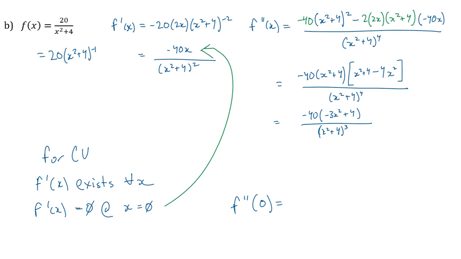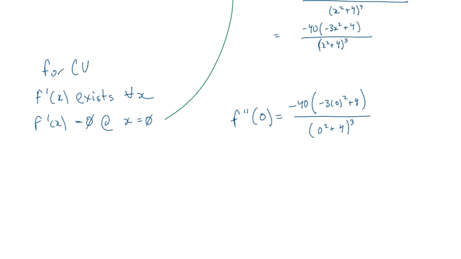And for sketching, that's what we're going to have to do anyway. This looks like negative 40 times 4, which is negative 160, over 4 cubed, which is 64.